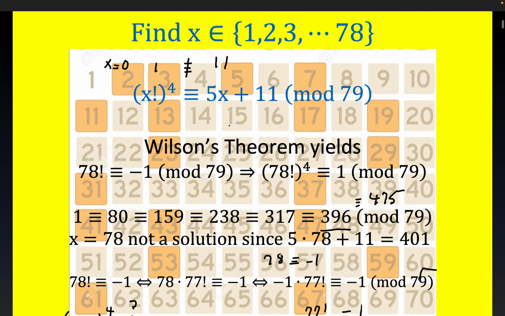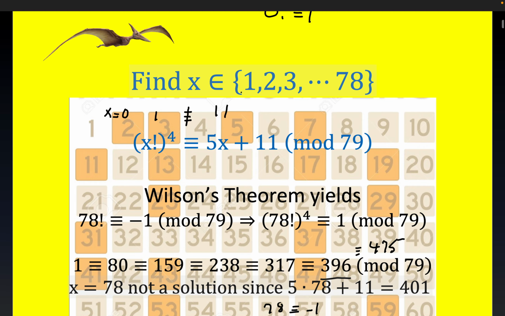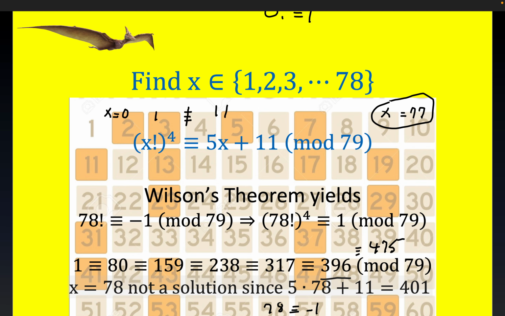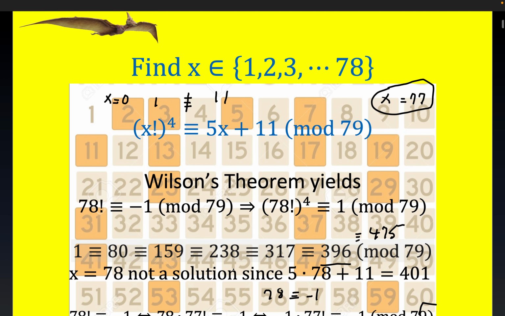But remember, I'm careful about the way I word the instructions. It says find an x, okay? I didn't say find all x. So the one that we found was x equals 77 is a solution. And again, my intuition, for what it's worth, says there are no more, but since you have so many possibilities in this list, literally an infinite number of values, I think this is increasing, but I don't know really.